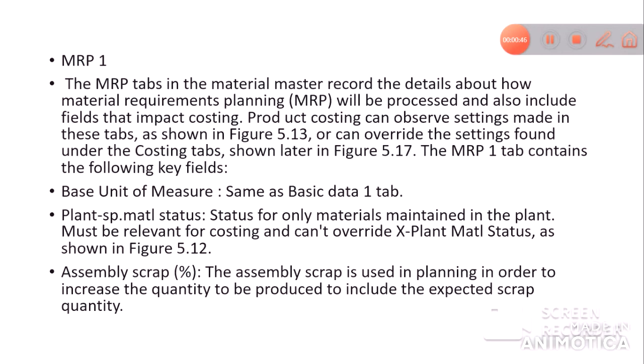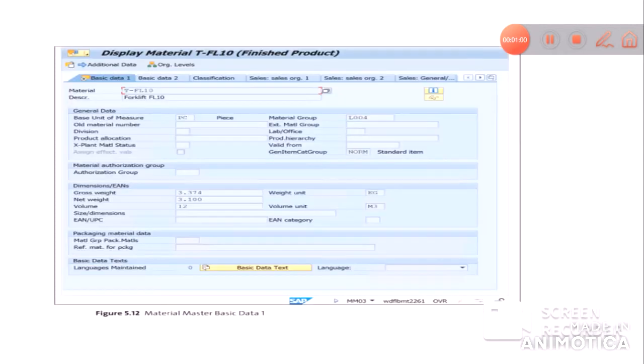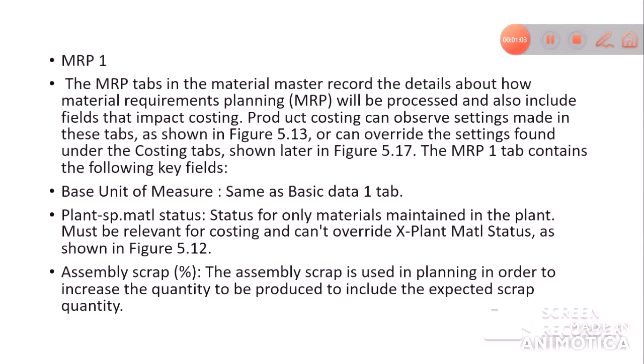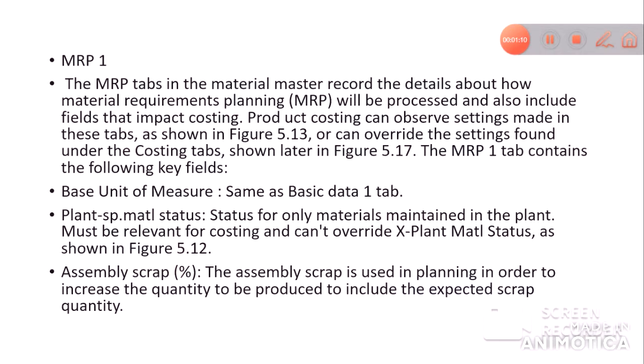material status for only materials maintained in the plant, must be relevant for costing and can't override X plant material status as shown in figure 5.12. So, plant special material status: the status for only materials maintained in the plant must be relevant for costing and can't override the X plant material status.